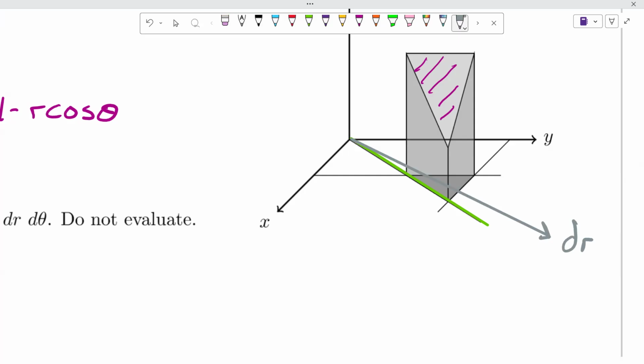So if I'm looking for the pair of bounds that I want to set for r, I've got some inside function and some outside function. I want to think about the way that r works. It's going to go from the inside to the outside.